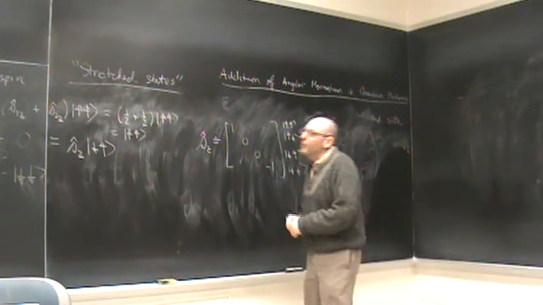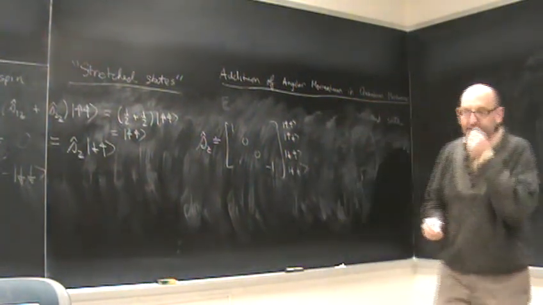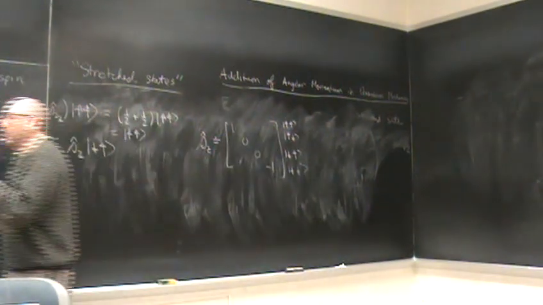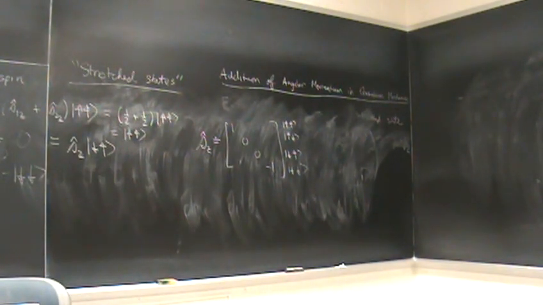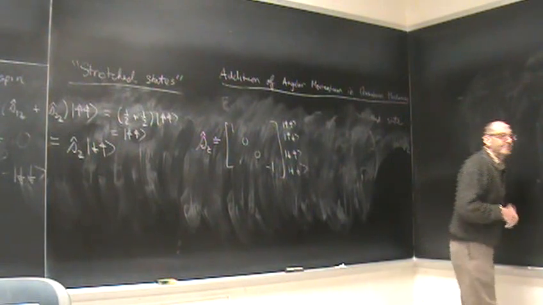Well, so S squared will not be diagonal in this. So to find the coupled representation, a brute force way to do it is just to express these operators, in particular this operator, in the uncoupled representation, and then diagonalize the matrix. The eigenstates are then the coupled eigenstates. So let's do it, if you'll bear with me.